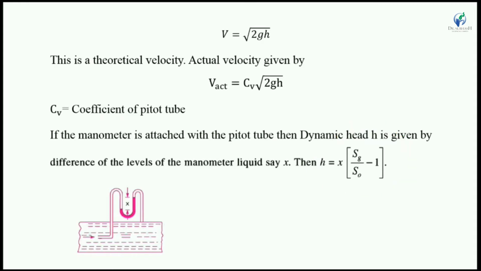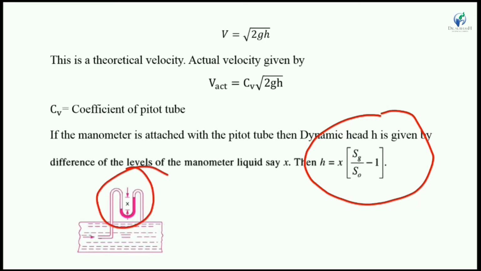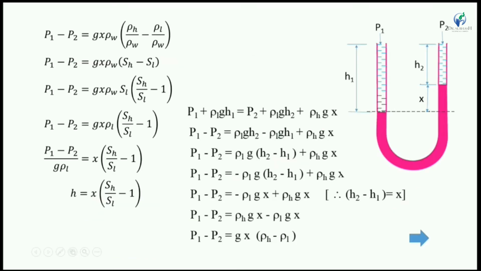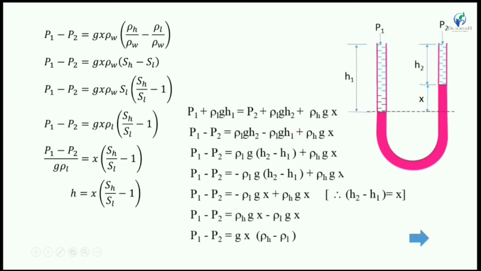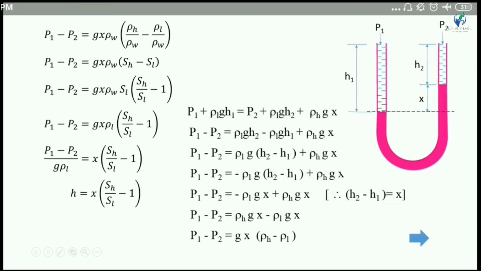Now we discuss how this equation is obtained from the manometer column. The U-tube manometer is connected in this way, as shown in the figure. The left limb of the manometer is connected to the stagnation pressure, and the right limb is connected to the pitot point pressure.